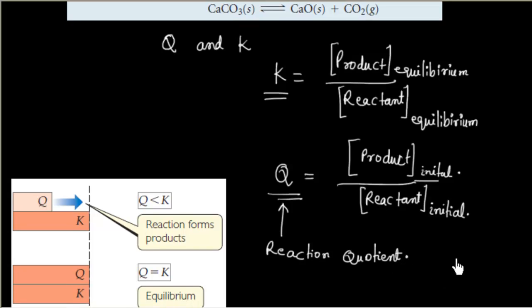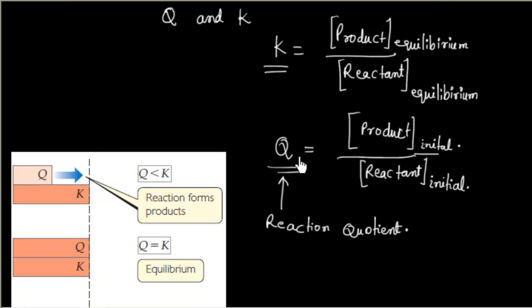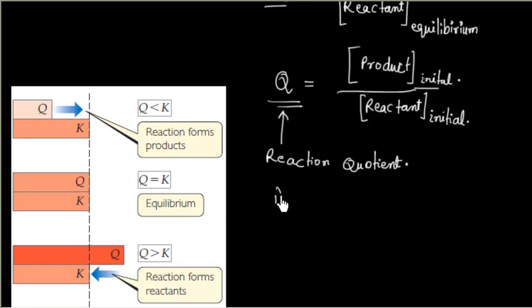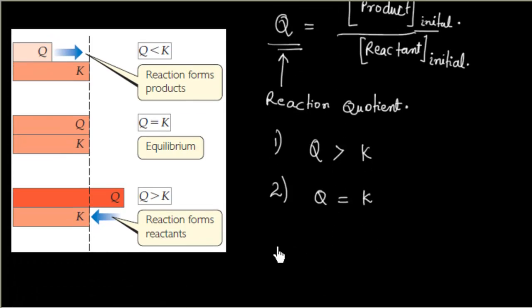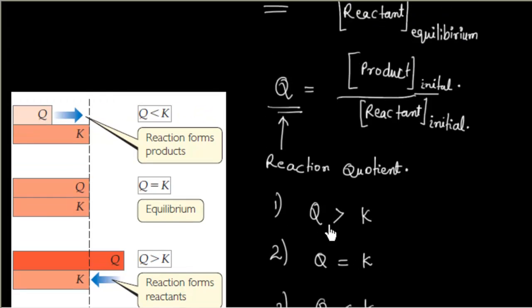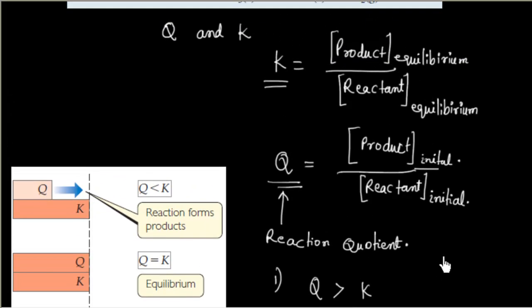Now there are three possibilities. The reaction quotient can be greater than K. Second possibility, the reaction quotient is equal to K, and third possibility, the reaction quotient is less than K. Let us discuss the first case.